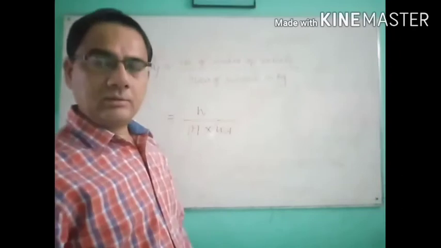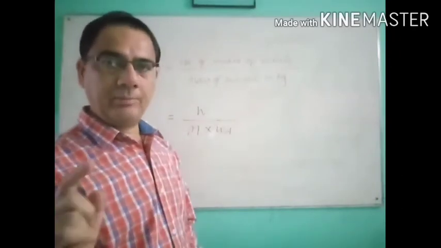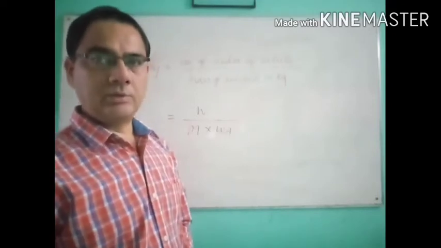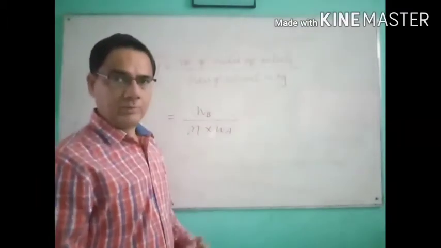In the whole chapter, WA we will take as mass of the solvent, and WB will be the mass of the solute. So here if I write WB, then also no problem.